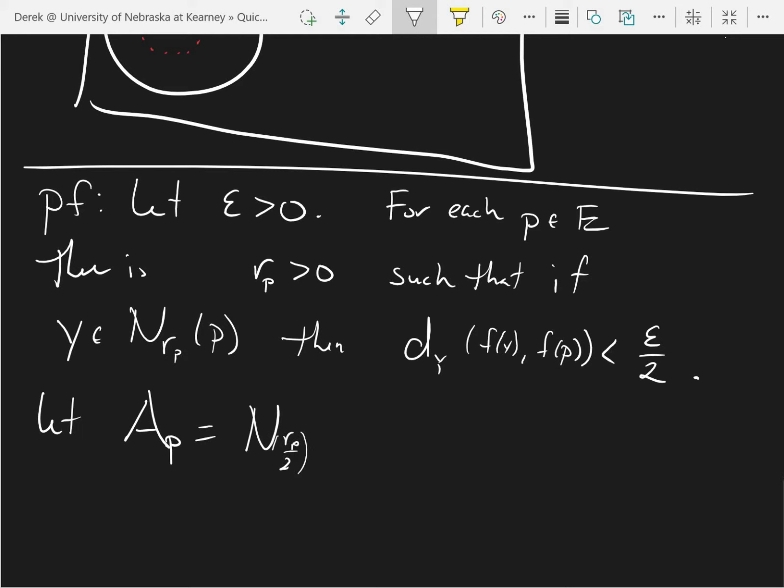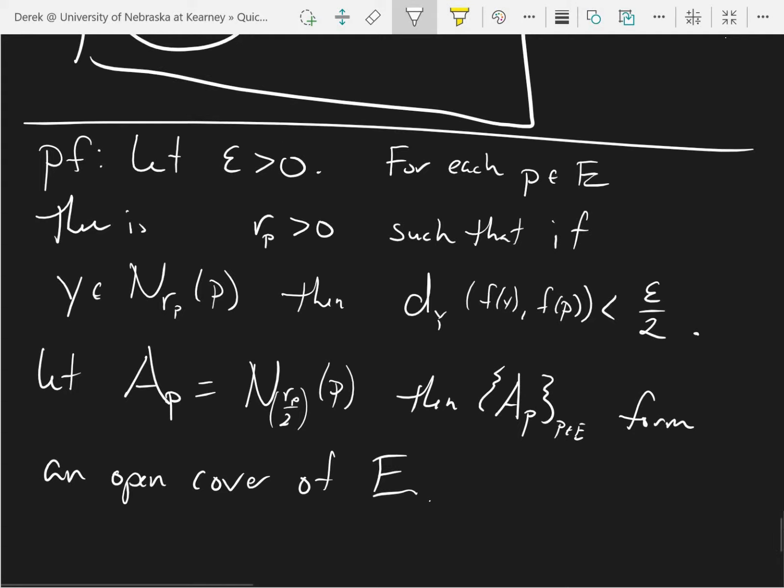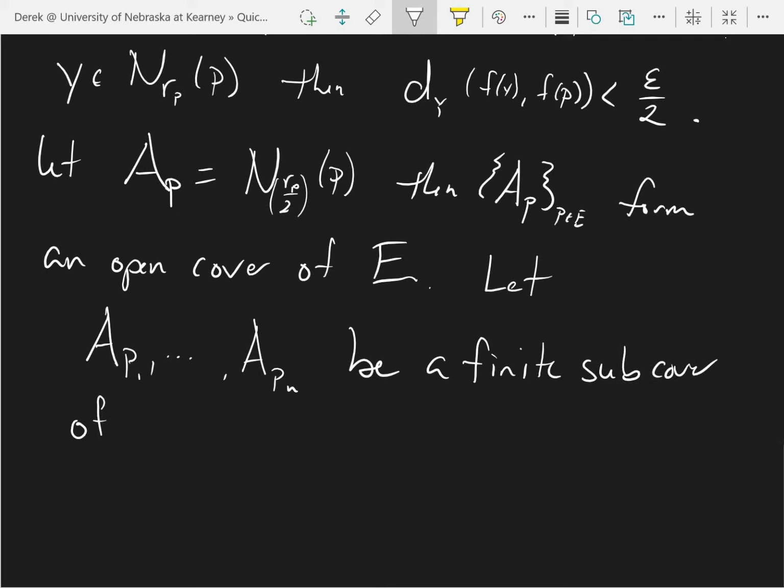So the radius of size a half is what I needed for the white circles at P. Then these A sub P's for P in E form an open cover of E. Let A sub P1 through A sub Pn be a finite subcover of E. This exists because E was compact, right?